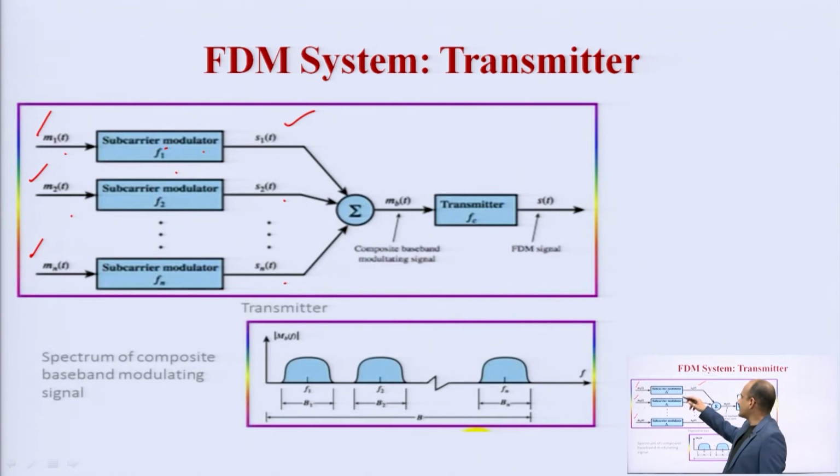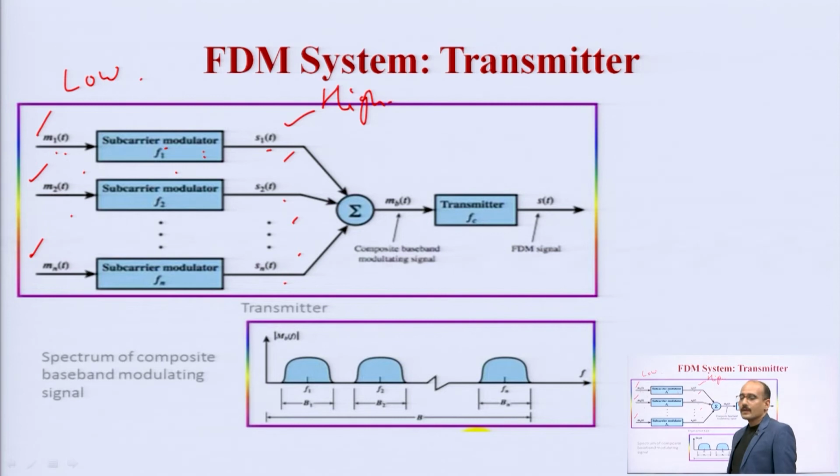In this modulation scheme, we get the frequency translated signal from M1(t) to S1(t), because this is a voice or data signal having low frequency, whereas for transmission we require high frequency. So, a high frequency subcarrier signal is modulated with this low frequency signal and we get S1(t), S2(t), Sn(t).